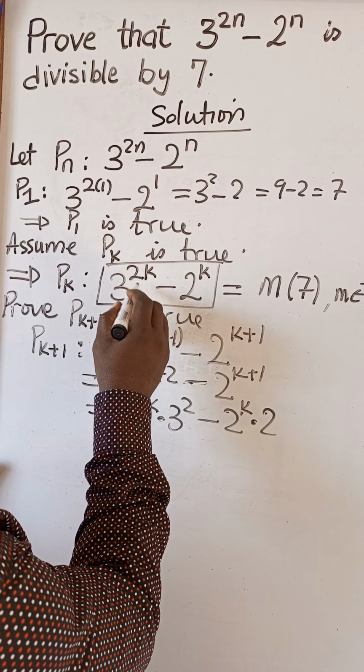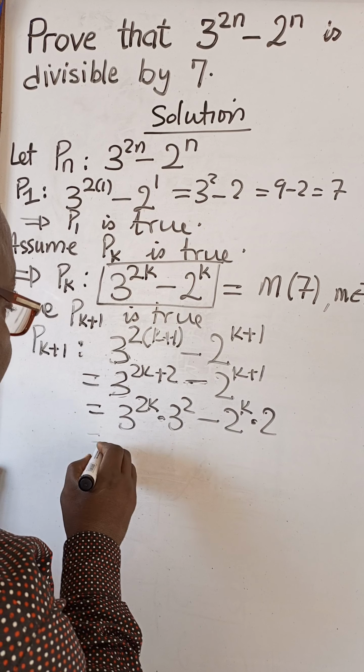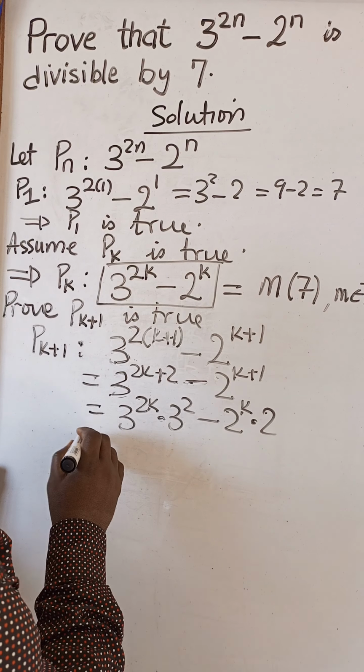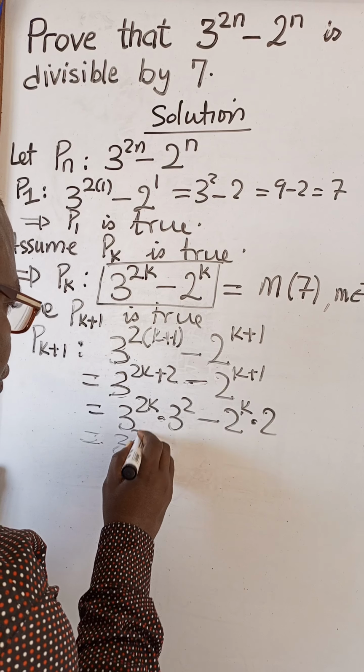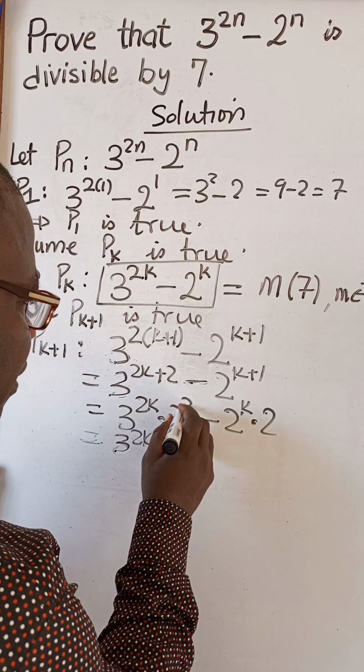So the first thing is to bring out 3 to the 2k minus 2 to the k. This is the same as 3 to the 2k multiplied by 9. 3 squared is 9.